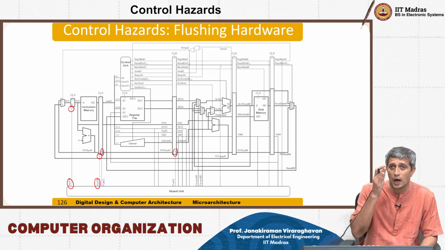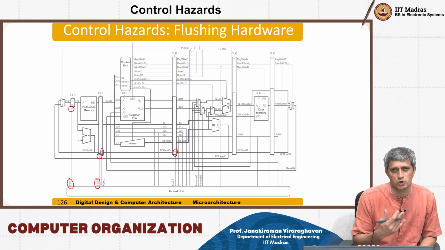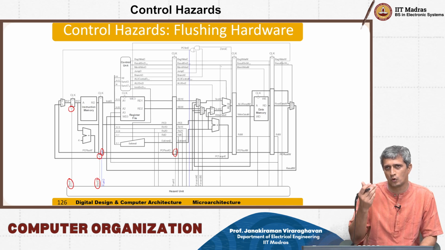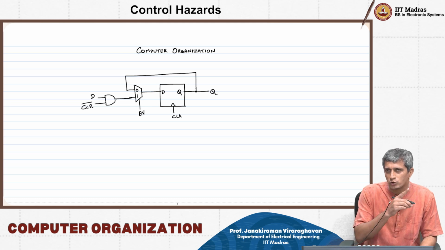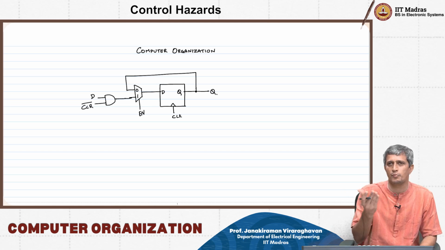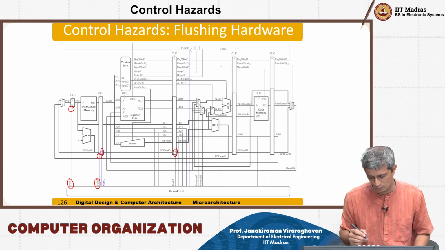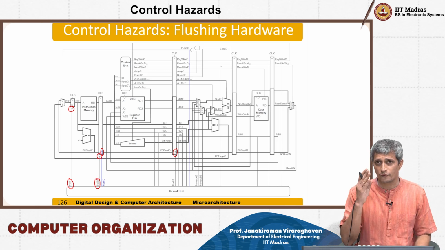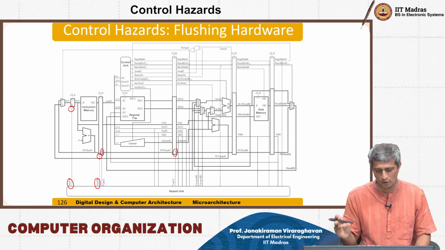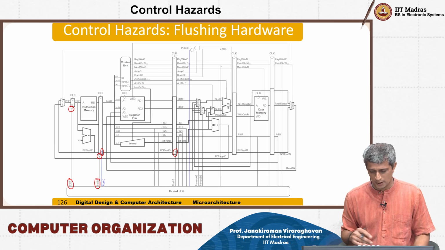So the stall bar is actually the enable. When stall goes high, enable will go low, and therefore it will not allow the new data to go through, it will just hold the previous data. So that's one way to implement this whole flushing and stalling unit at a flip-flop level.